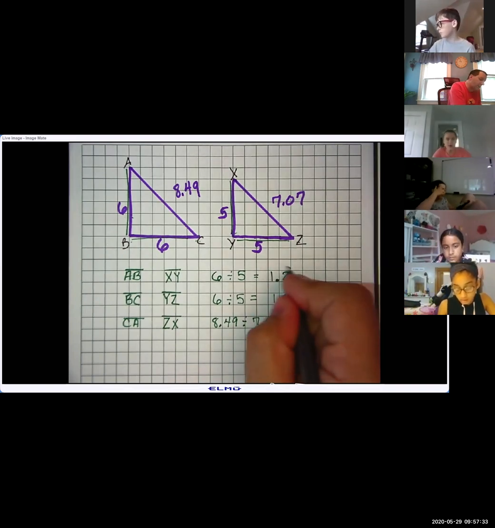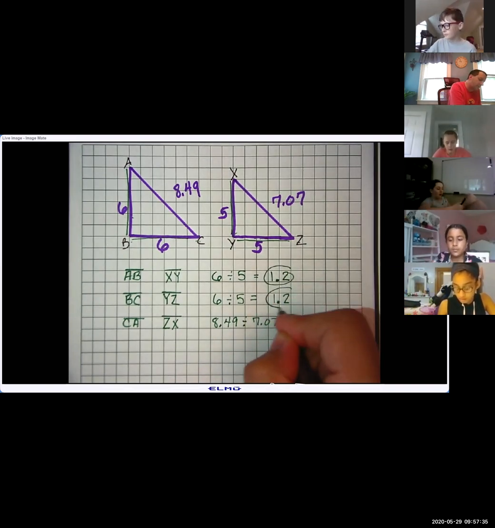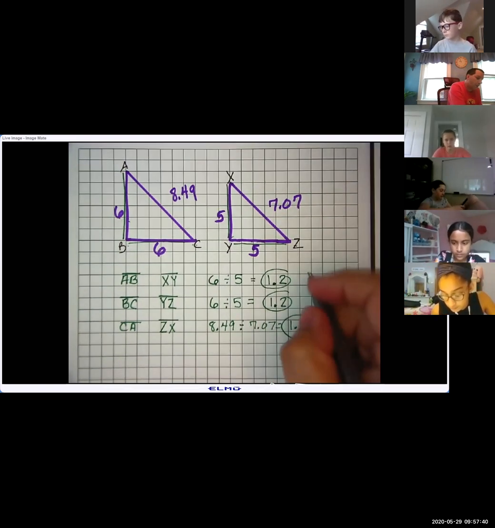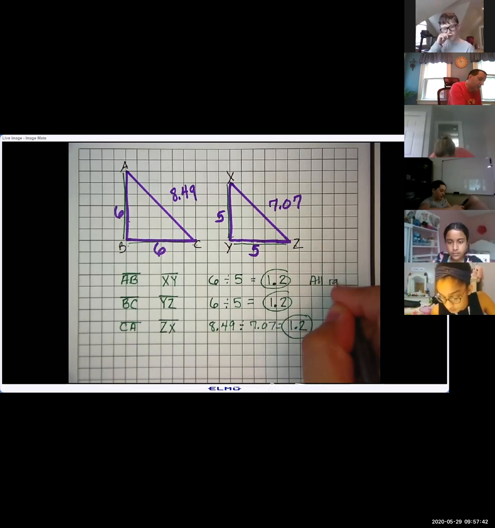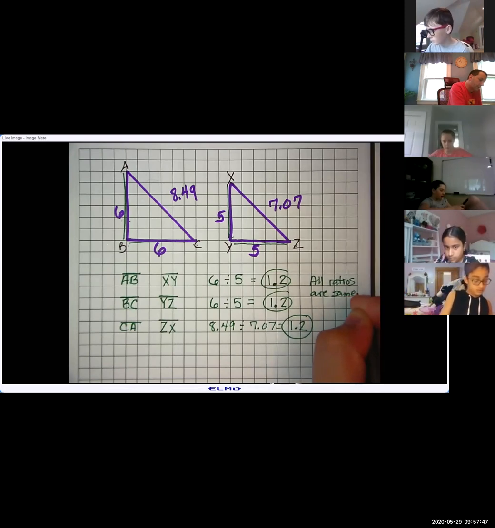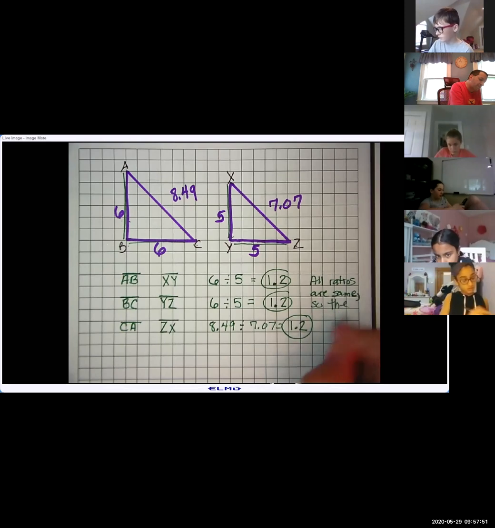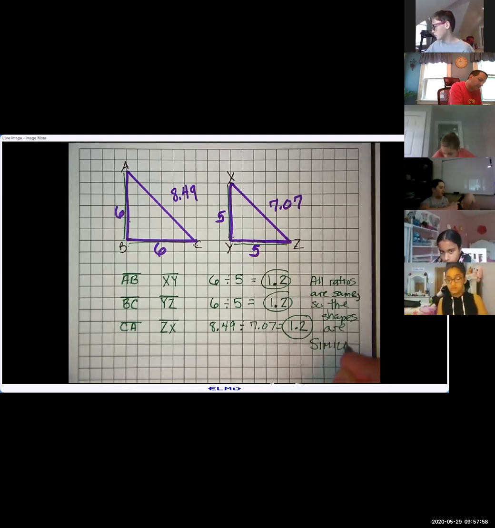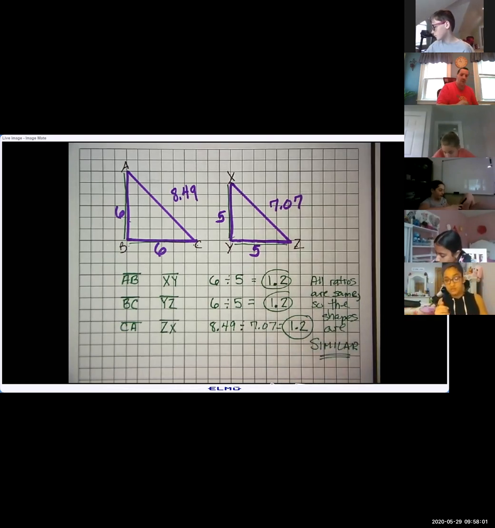So what do you notice about all these ratios? They're all the same. All ratios are the same, so the shapes are similar. They're not congruent, but they're similar.